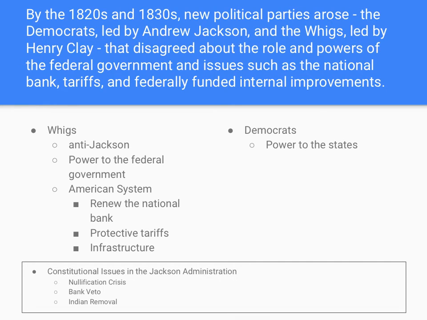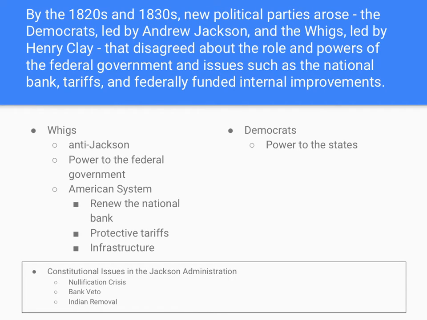The third constitutional issue that occurs in the Jackson administration is the issue of Indian removal. The Supreme Court under John Marshall had already decided that Native Americans shouldn't be removed and they should be dealt with according to treaties that had already been signed, and those treaties should not be broken with the Native Americans.